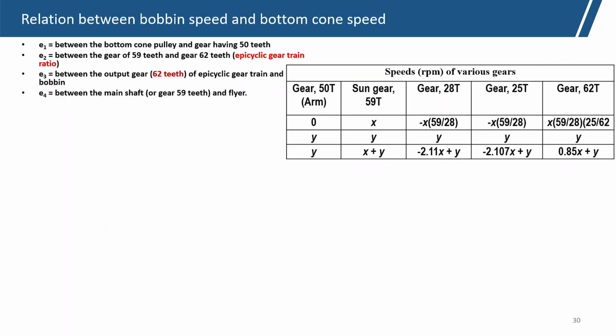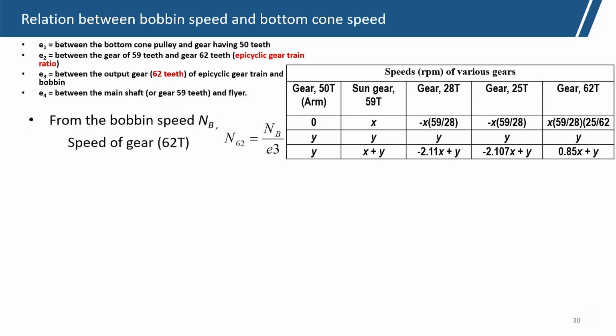So, from the bobbin speed NB, we are going backward. The bobbin is rotating at speed NB, and we are trying to calculate the relationship between the bobbin speed and the bottom cone drum speed.